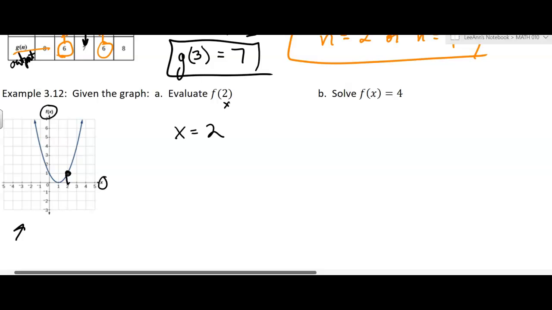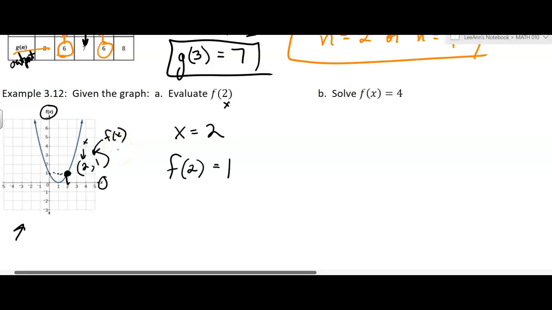What's the output? So f of 2 equals 1. We're getting that by reading across to the y output there. Now try not to confuse that with the other part of the graph, but this point right here that I have a big black dot on, that point is (2, 1). So input x, output f of x.